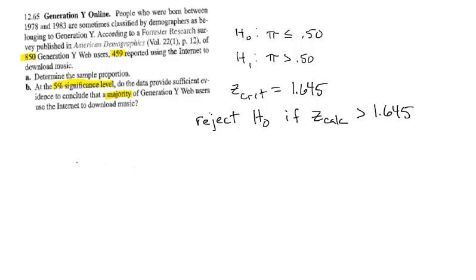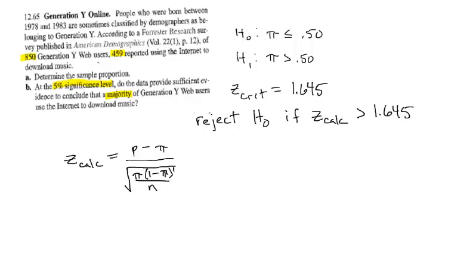And now we need to find our zcalc. So zcalc is equal to p minus pi divided by the square root of pi times 1 minus pi, all divided by n.